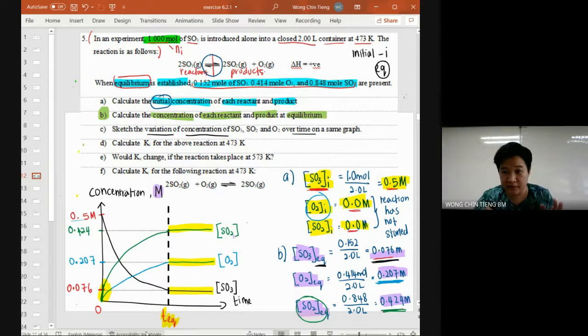Betul? So bila diorang dah constant, sebab tu dia kena jadi straight line. Dia tak boleh jadi line meningkat atau menurun, dia kena jadi straight line. Dan diorang kena jadi straight line pada masa yang sama. Diorang kena achieve equilibrium at the same time.